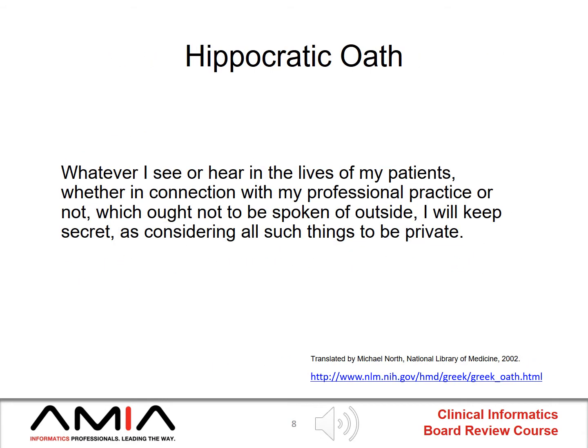In the Western tradition, one of the earliest references to the importance of security and privacy of health information is in the Hippocratic Oath, which most of us took in one form or another. In this oath, you can see that we swear to keep what we hear in the lives of our patients in connection with our professional practice secret, concerning all such things to be private.